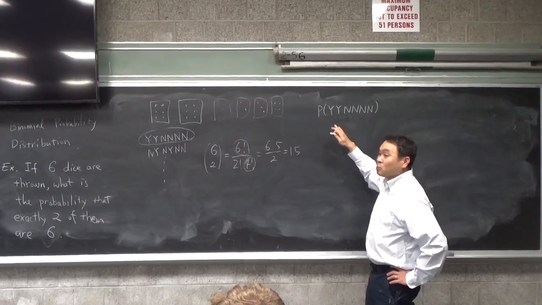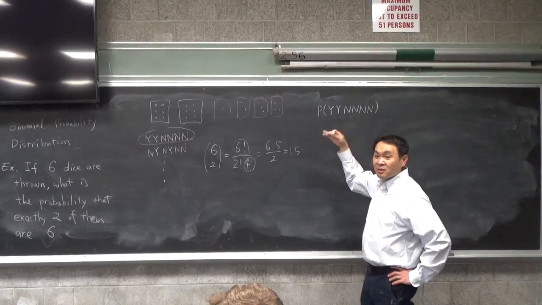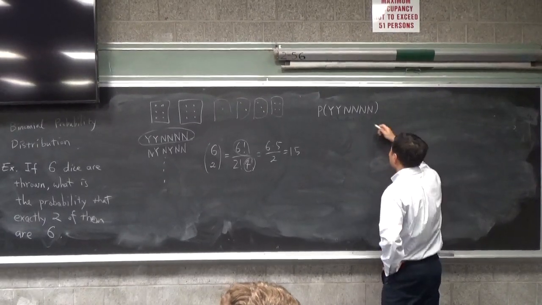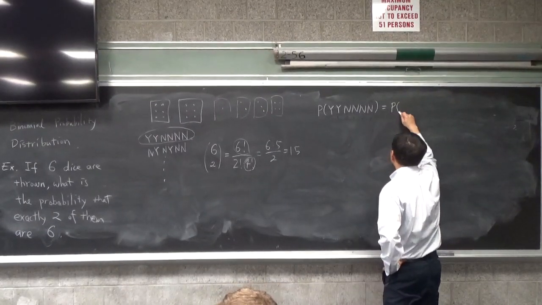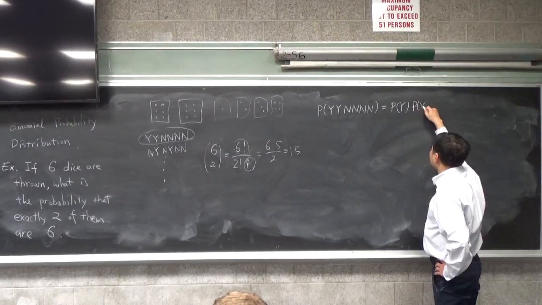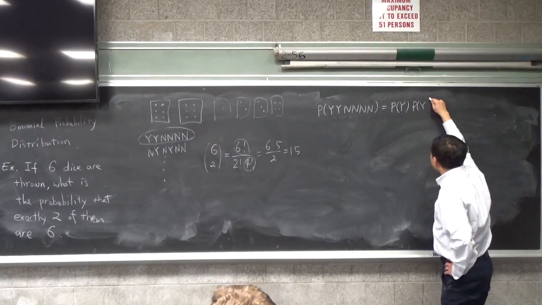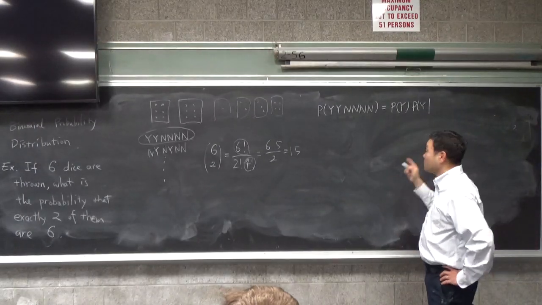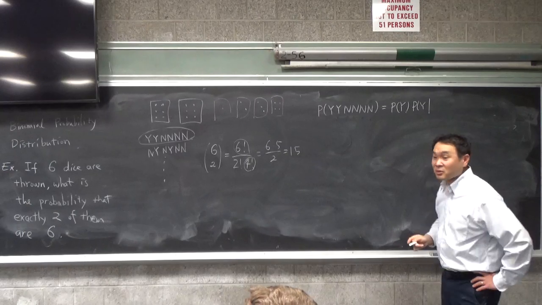So what principle is at work? It's the product principle. So this will be the probability of rolling a 6, times the probability of rolling another 6 under the condition that the first row was a 6, but does that really change the probability of the second one? It doesn't.